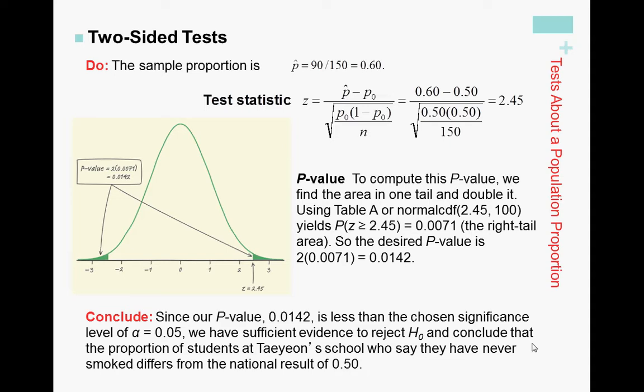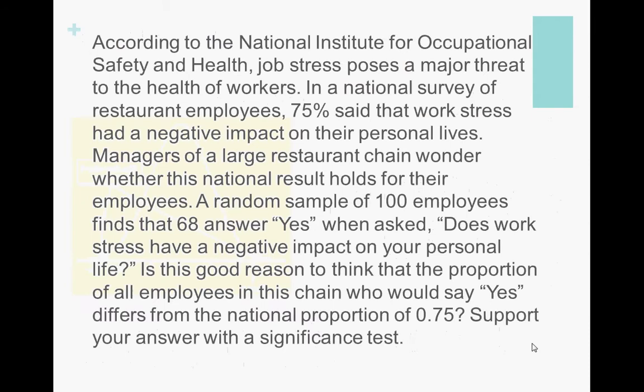Here's another example with two-sided. According to the National Institute for Occupational Safety and Health, job stress poses a major threat to the health of workers. In a national survey of restaurant employees, 75% said that work stress had a negative impact on their personal lives. Managers of a large restaurant chain wonder whether this national result holds for their employees.